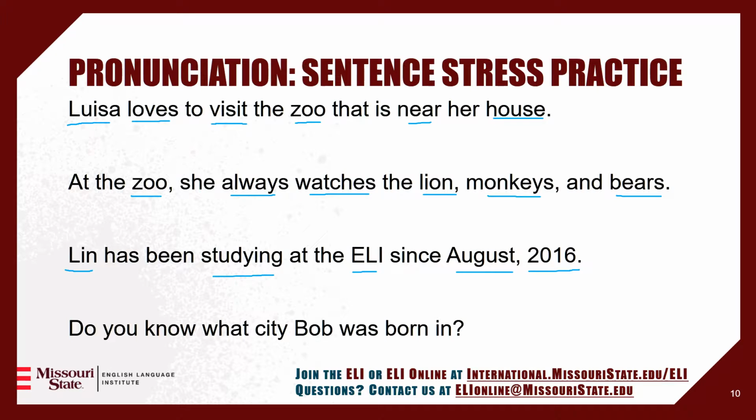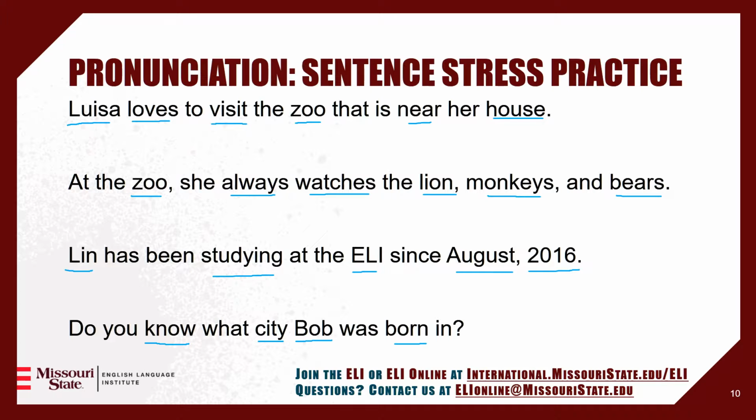And then this last one, it's a little different because it's a question, but we're going to stress know, city, Bob, and born. Questions have a lot of function words just to make the question grammar, so you often have a lot of words that you don't stress clearly. Okay, so let's try this one. Do you know what city Bob was born in?